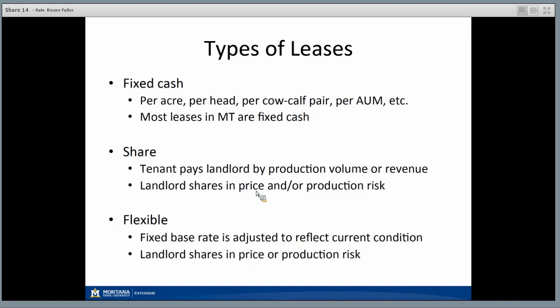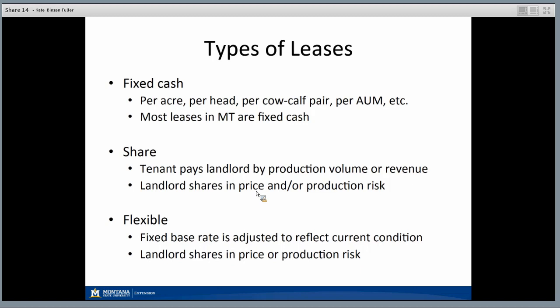Share and flexible rate leases fall into the variable category. So in these types, your rate is going to vary from year to year based on price or production risk. In a share lease, the tenant is going to pay the landlord by the production volume or their revenue.